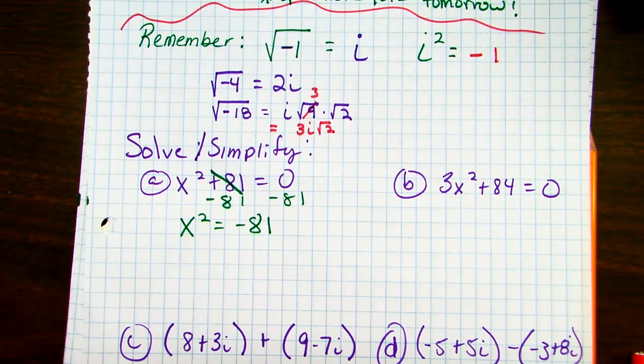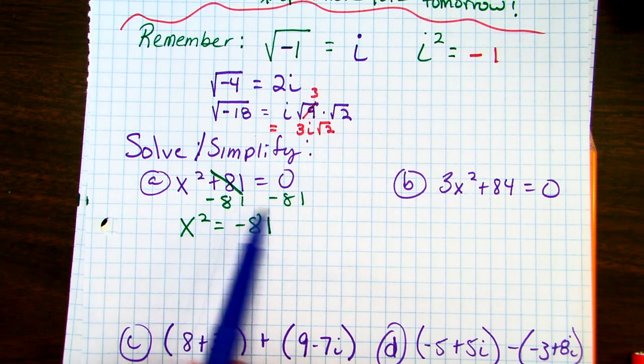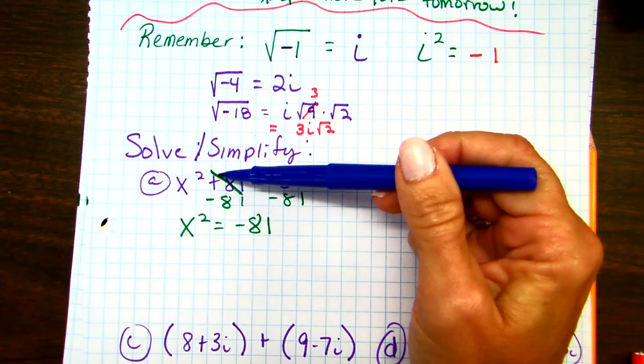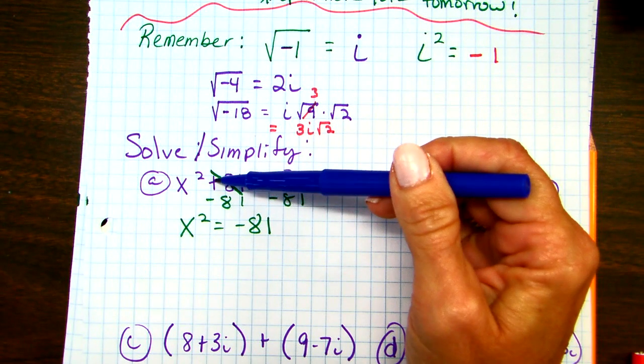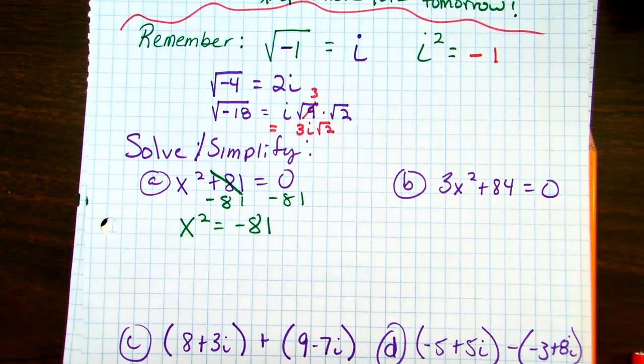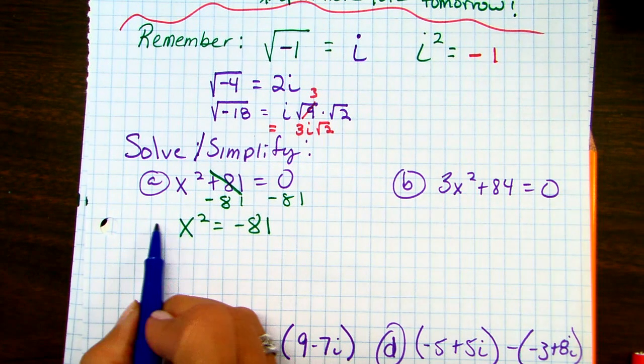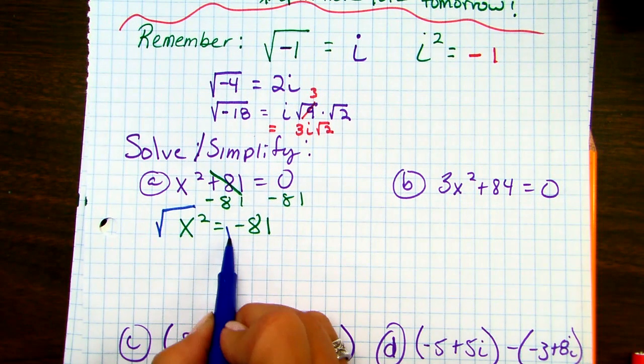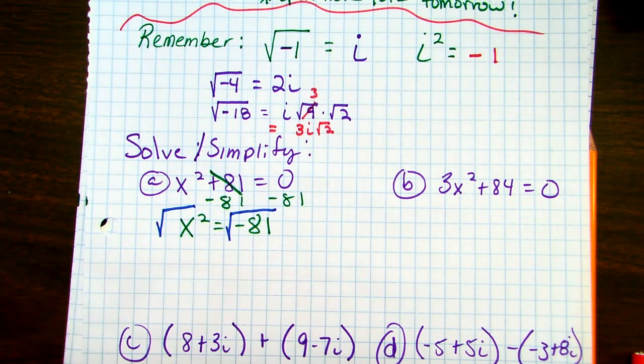Anybody know how I would get the x by itself? Square root. Remember, we do opposite operations. The reason Mandy said to subtract 81 from both sides is because it's the inverse or opposite of addition, right? If you have plus, you do minus. What's the opposite of squaring something? It's square rooting. So I would take the square root of both sides, and we've done this before. It just wasn't a negative before.